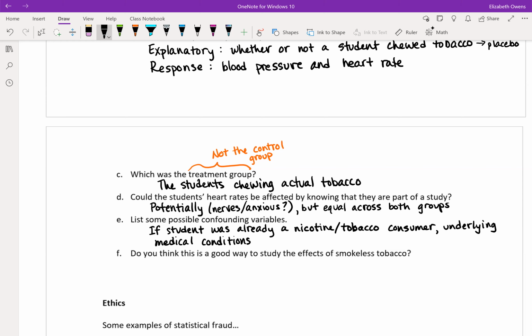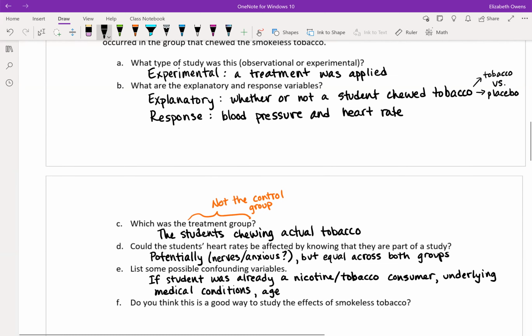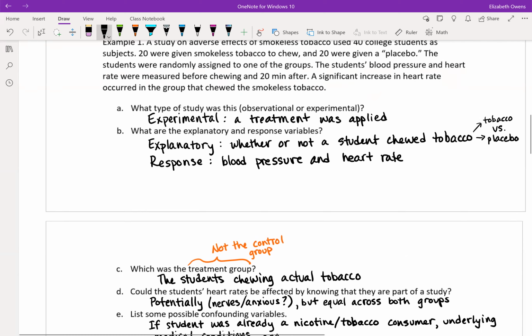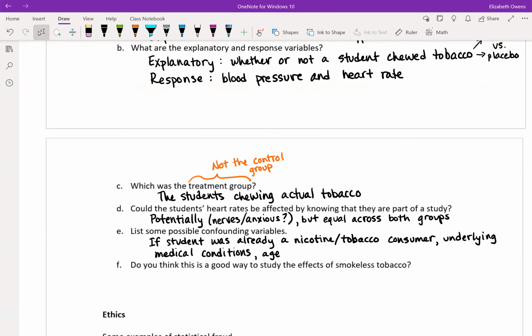Age could have an impact. Since they're just general college students, there could be a range of different ages there. And you might think of some other ones. If you come up with one that you really like, send it my way.